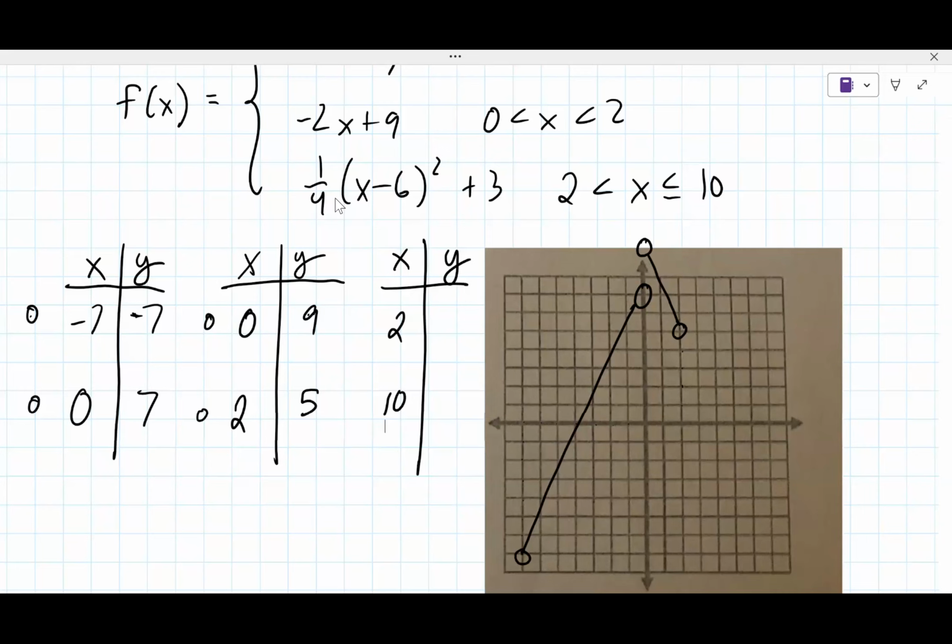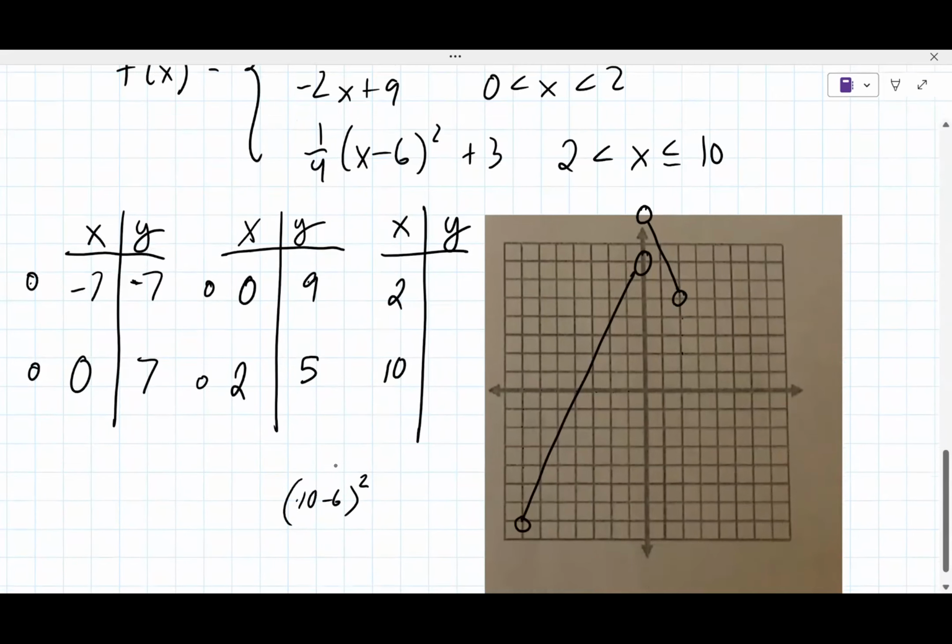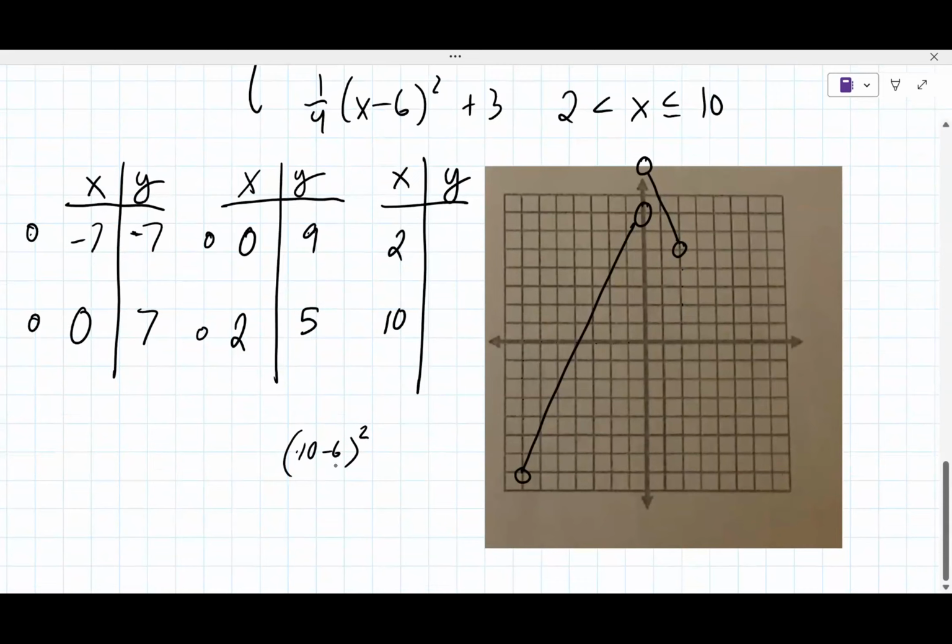No. For 10, it's 10 minus 6. What is 10 minus 6? That's going to be a 4. And then you square it. What's 4 squared? 16. And then what's 1/4 of 16?